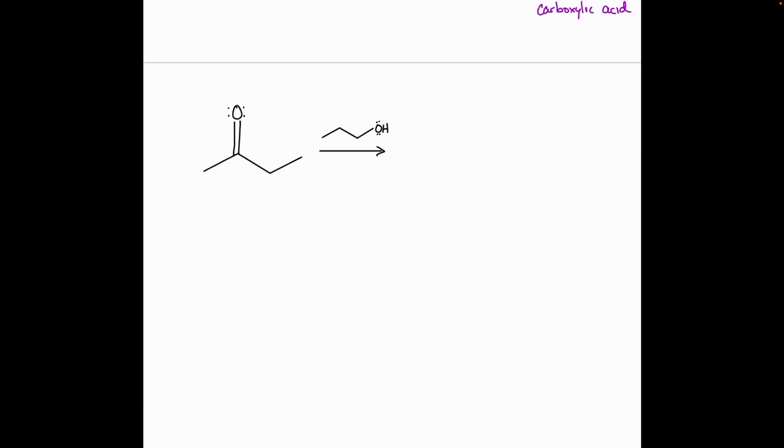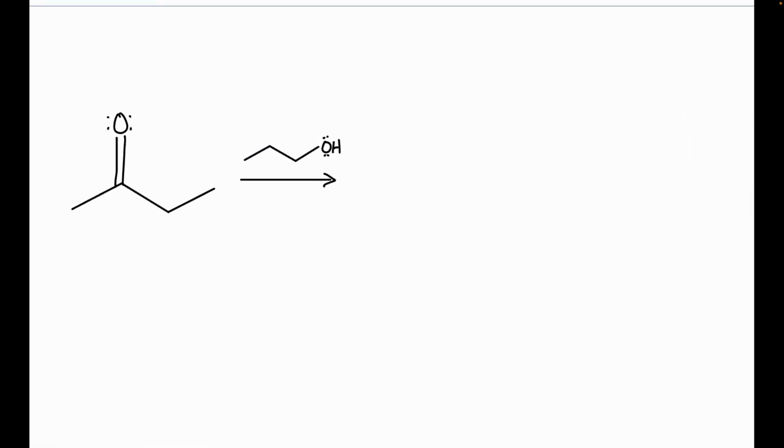All right, so now this one. We have this neutral alcohol that we're reacting with our aldehyde or ketone. This would be a reaction that would take place under what conditions? This would be acidic conditions here. Okay, and so we're going to build off this.